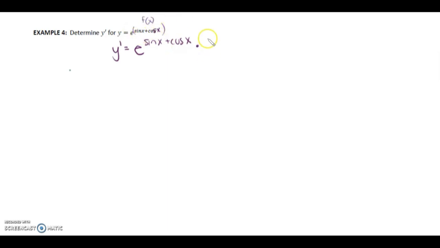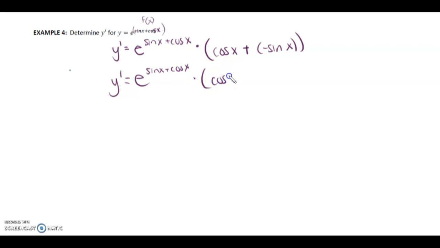So the chain rule. The derivative of sine x is just cos x, plus the derivative of cos x is negative sine x. So I get y prime equals e to the sine x plus cos x times, let's go, cos x minus sine x. All I did there was collect these two terms.